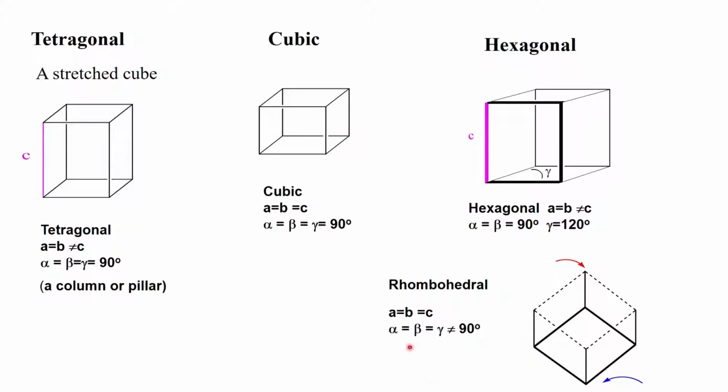The moment all 3 become equal to 90 degrees, we will have a cubic system. Therefore effectively we have 7 crystal systems, and these 7 crystal systems are associated with the type of rotation axis which we can give to them. The type of rotation axis we can give here is a 3-fold rotation axis, but that is a very special direction in the case of a rhombohedral symmetry.